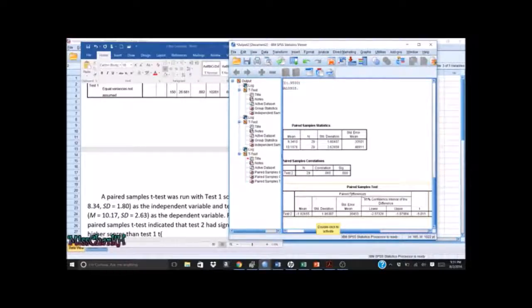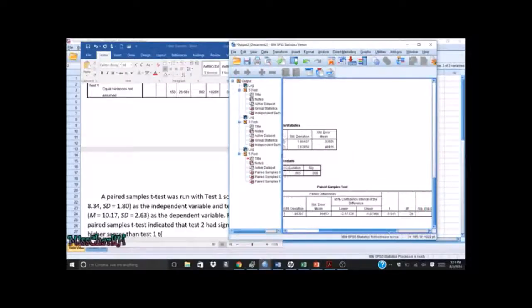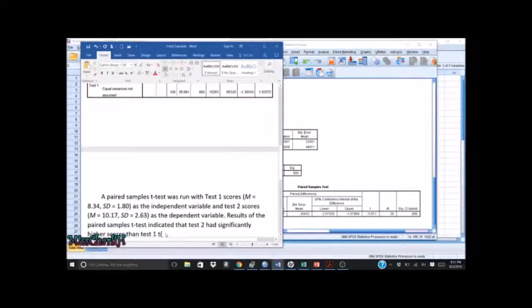We don't want to look at this to get our information for either our mean or our standard deviation. But I do want to get my t-score from over here, my t-statistic, and my degrees of freedom are 28. My actual t-score is, there's a negative there, but you can drop that.